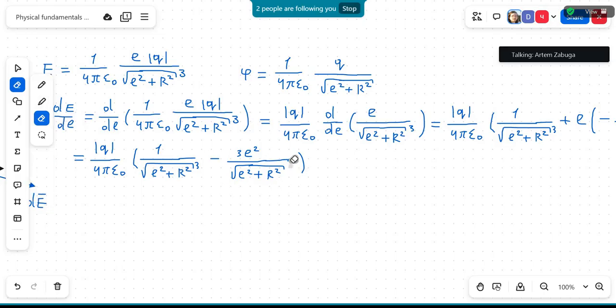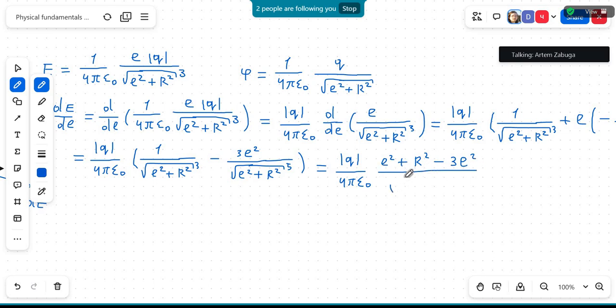We can notice that the mutual denominator will be this square root to the power of 5, and this means that we can write this without changes, and here we will have L to the power of 2 plus R to the power of 2 minus 3 L to the power of 2, divided by the square root of L to the power of 2 plus R to the power of 2, and all this to the power of 5.